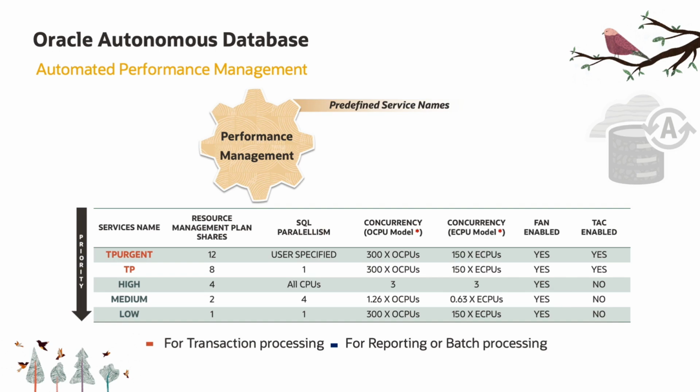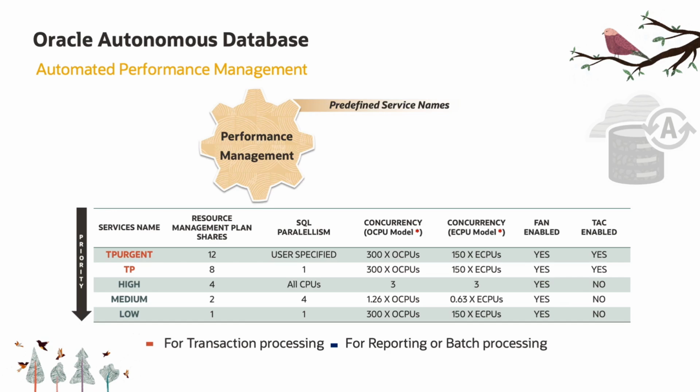High consumer group can use maximum resources, but they provide least concurrency and the queries will run in parallel. Medium consumer group has lesser resources, but they provide higher concurrency compared to the high consumer group. Low consumer group provides highest concurrency and least resources, so queries cannot run in parallel. They are serialized. The priority goes from TP Urgent to low consumer group.